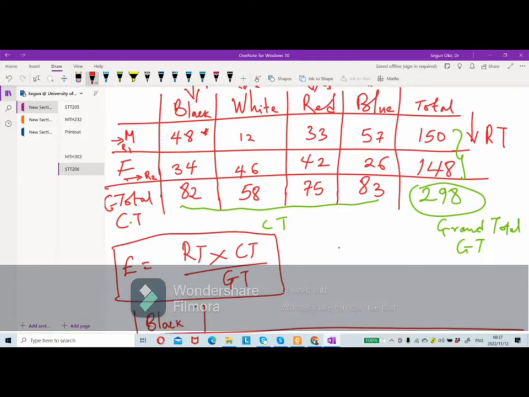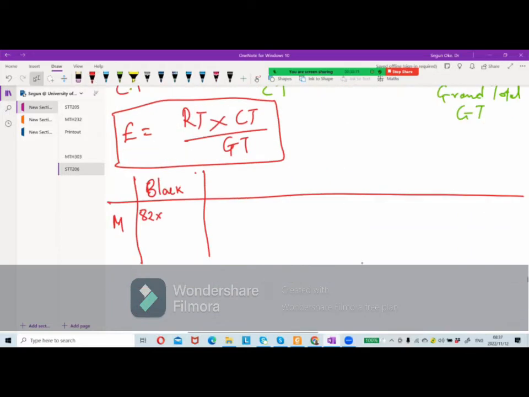So it's going to be 150 divided by 298. What is the answer, please? 41.3.